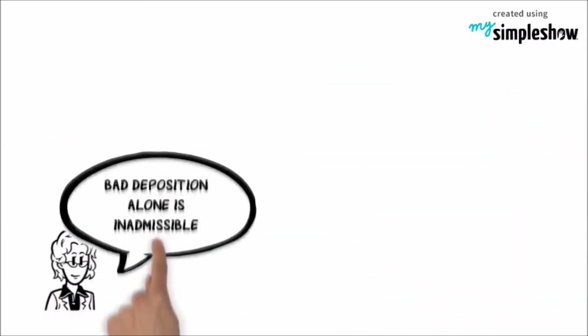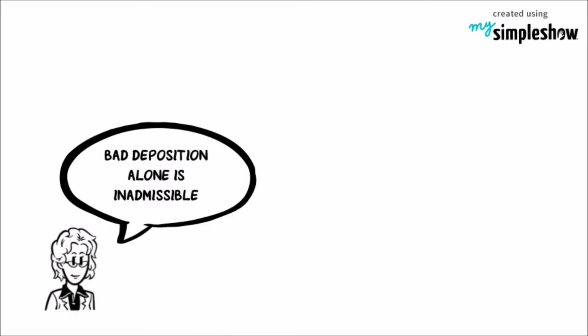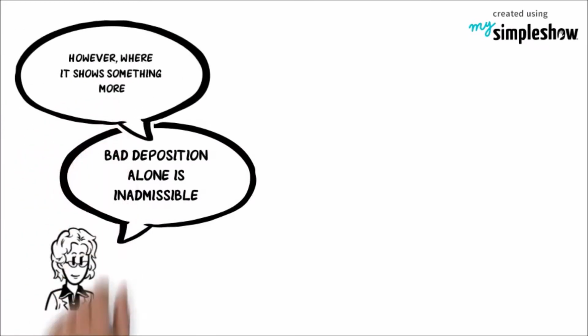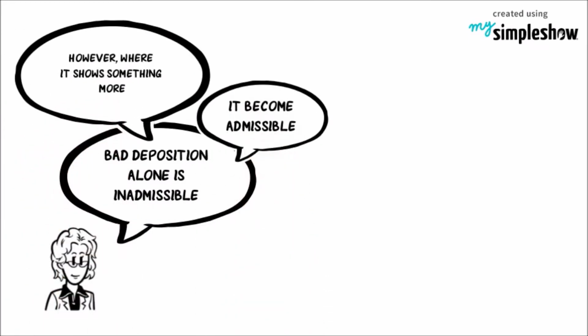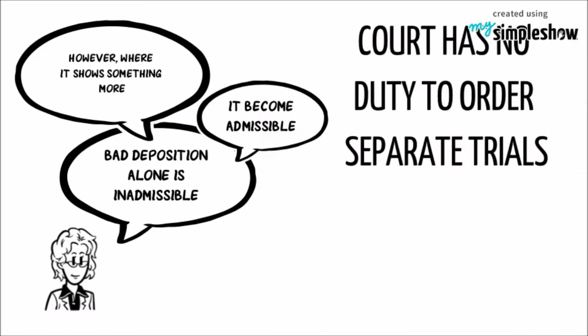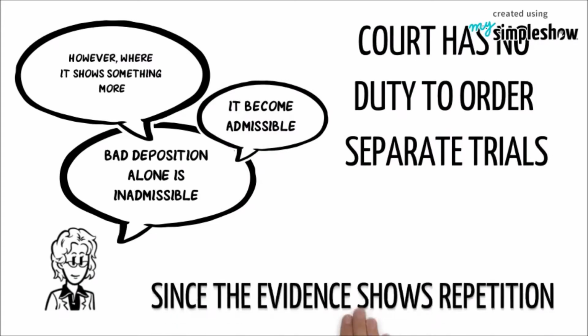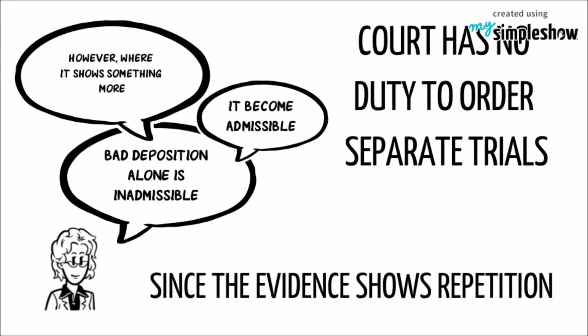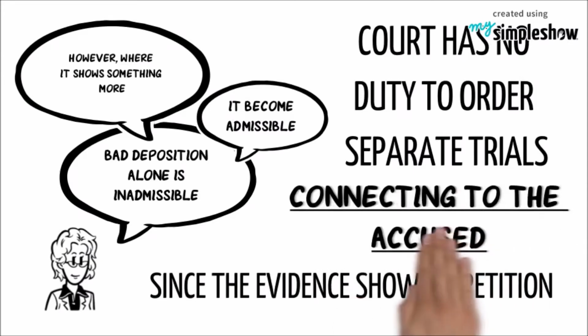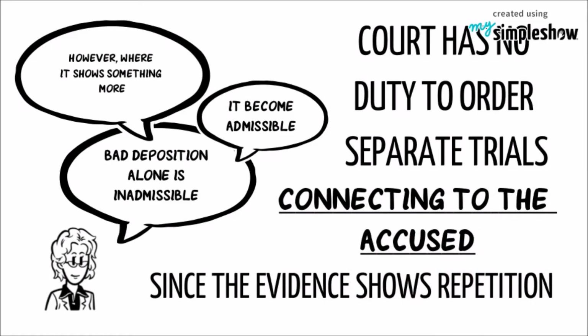Evidence which shows bad disposition alone is inadmissible, but where it shows something more, it is admissible. In the case reported, upon those grounds, it is held that there was no duty to order separate trials of counts relating to sodomy with different men, since the repetition shown by such evidence constituted a specific feature connecting the accused with the crime.